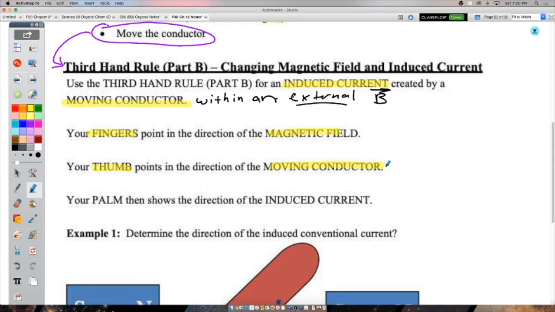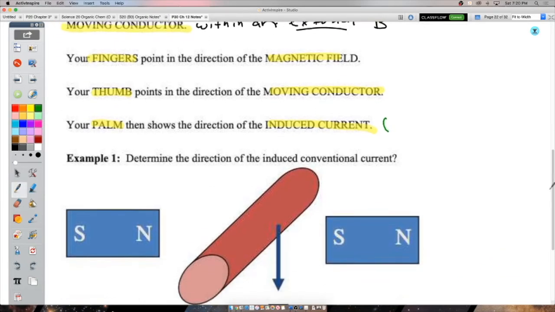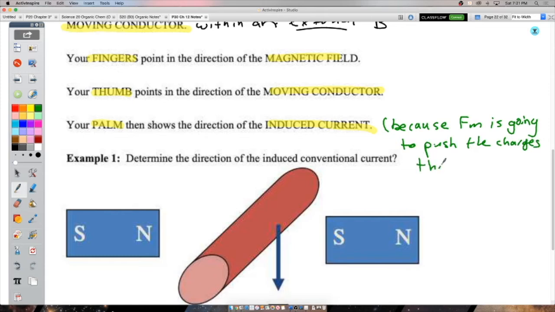You're still going to move the charge. You're just going to now see what force it would feel, and so which direction it would flow. So your palm then shows the direction of the induced current, right? But your palm is still showing the magnetic force. It's just that now that magnetic force is what pushes the charges through the wire. So sure, it does show the direction of the induced current, but it's because Fm, the magnetic force, is going to push the charges through the wire.